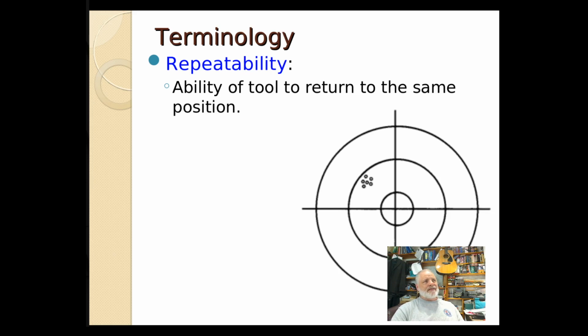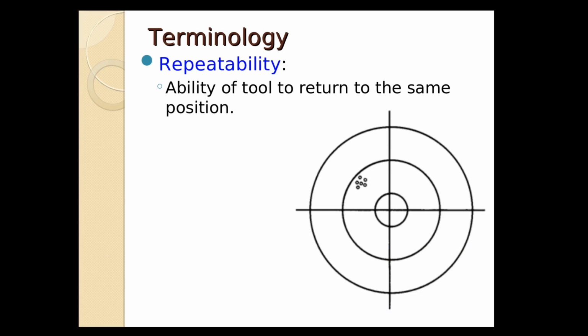So on this slide, we're not actually reaching that tool center point, but we are getting this point here in the top left quadrant, but when we go there multiple times, we're always fairly close to where we were the previous time.